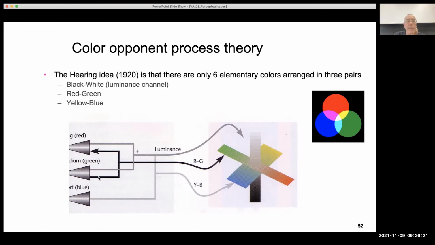Red and green are combined together and give the scale from red to green. All together they give the luminance scale, going from white to black. Combining red and green gives yellow, and with the blue, you have the blue-yellow scale.